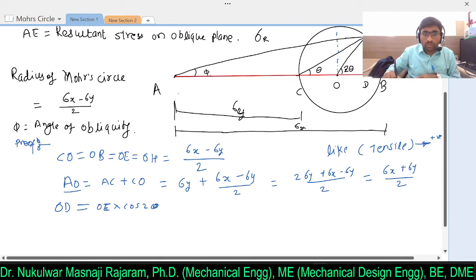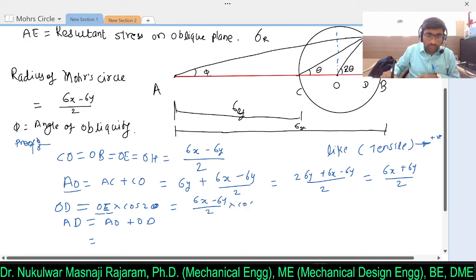Now what I am saying, A to D is the normal stress. So for A to D, I can write AO plus OD. Now if you observe this OE, what is OE? Again the radius of the circle. So that is sigma x minus sigma y divided by 2 into cos of 2 theta.